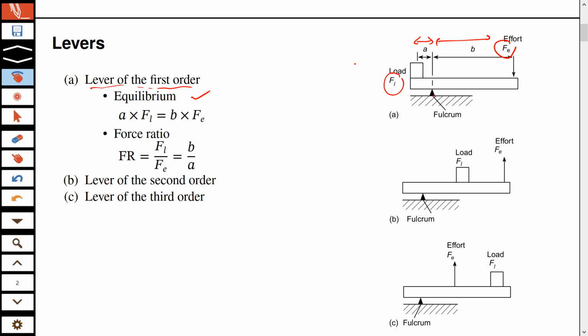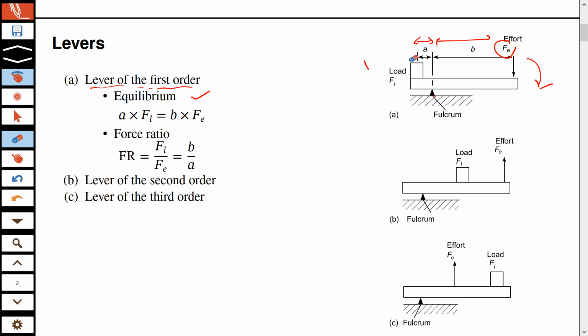So A times Fl is the moment from the load side, and B times Fe is the moment from the effort side. And because they must balance out, you just equate them, and this gives you the force ratio. Yeah? So you get the force ratio in that way.